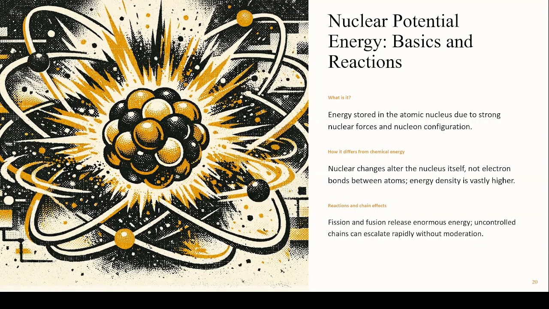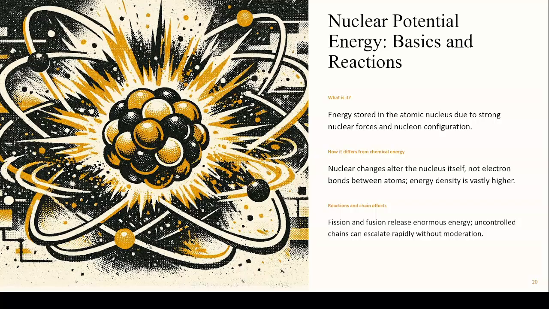Now, when a nuclear reaction happens, this energy is released. A nuclear reaction means either breaking an atom or joining two atoms together with a tremendous force, which may change the nucleus, and that is when this energy is released. So here we are not talking about bonds between atoms, okay?